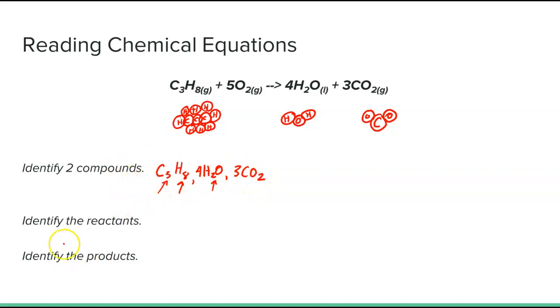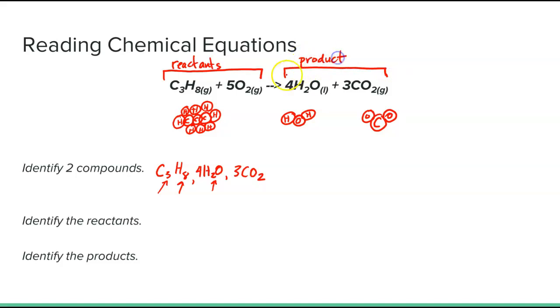All right, now we call anything that goes into a chemical reaction the reactants. So everything on the left-hand side of the equation is called a reactant because that is going to react. And everything on the right-hand side of the equation is going to be called a product.